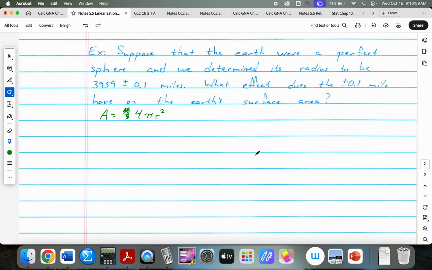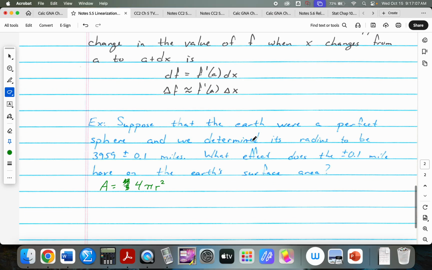I started to do the volume. So the change would be the derivative times how much we have changed the x. So dA/dr is 8 pi r.